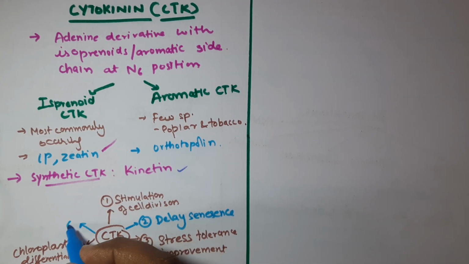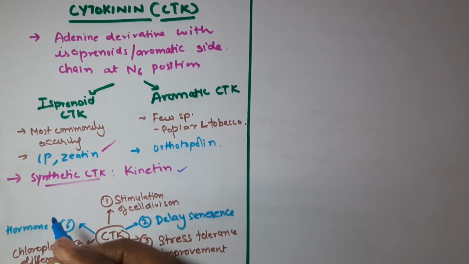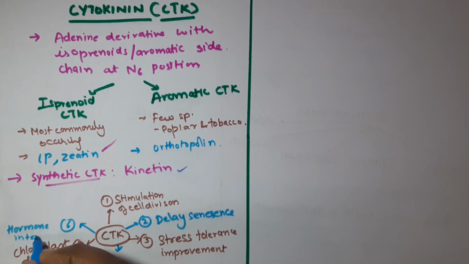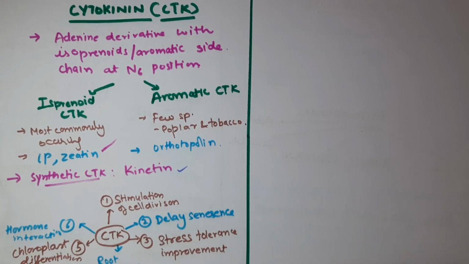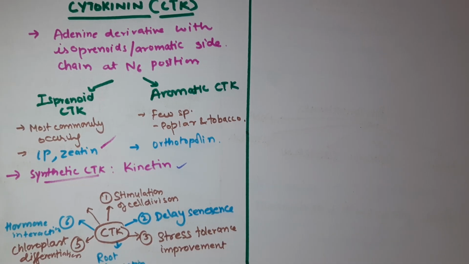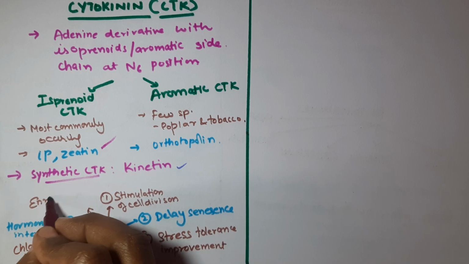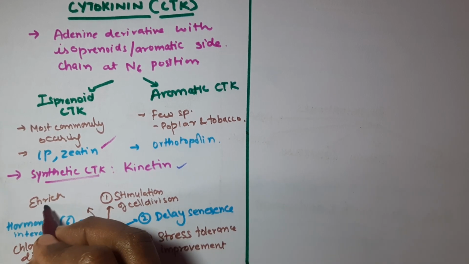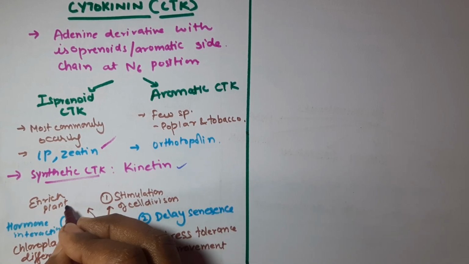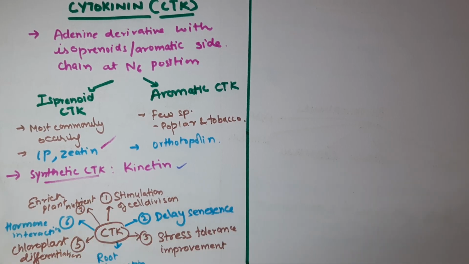And obviously they take part in hormone interaction. And one more role of the cytokinin is that they enrich the plant nutrient. So this is the seventh role of the cytokinin in the plant.